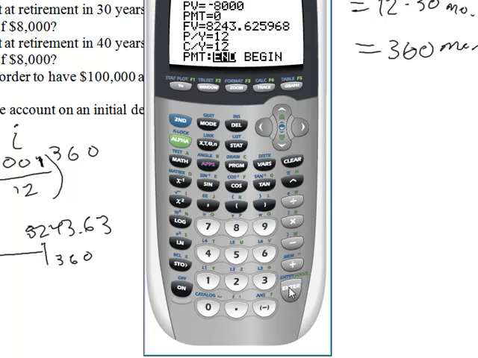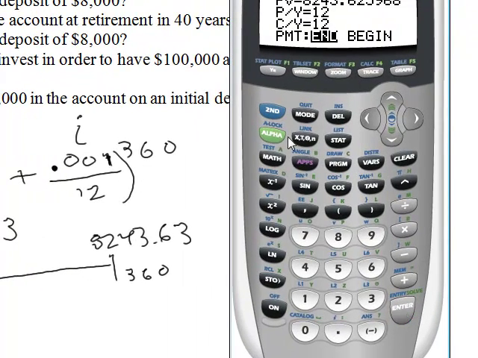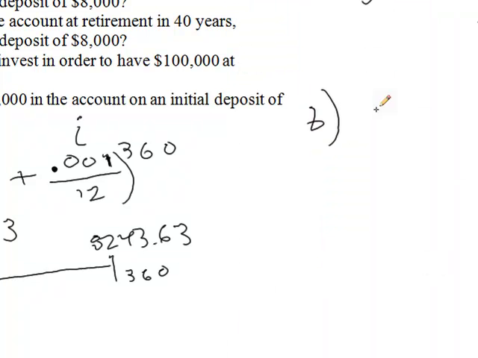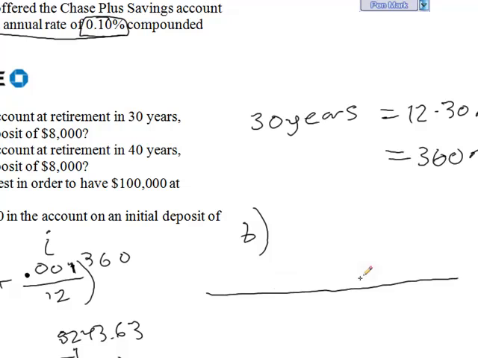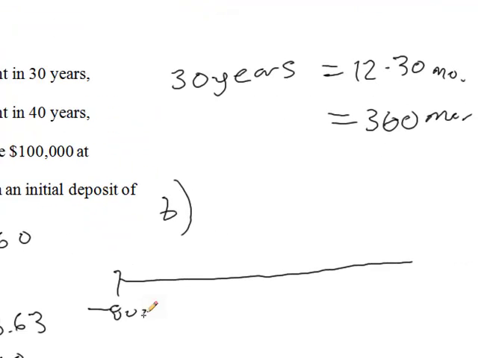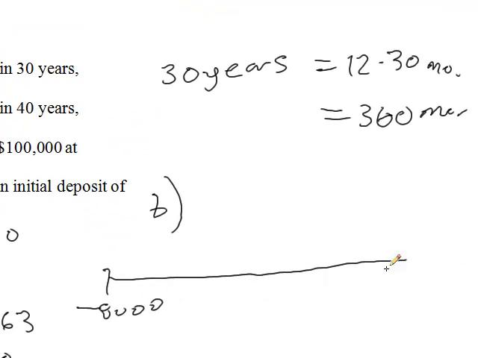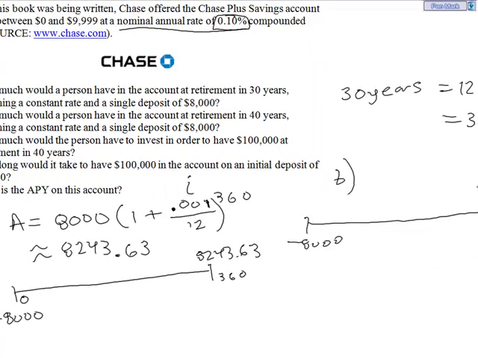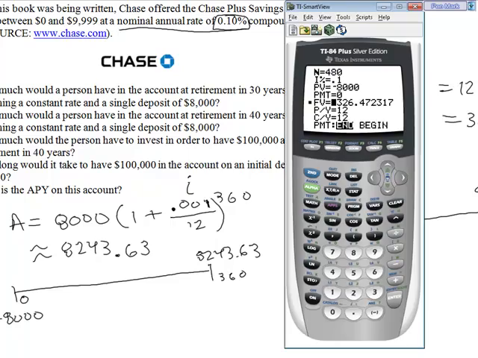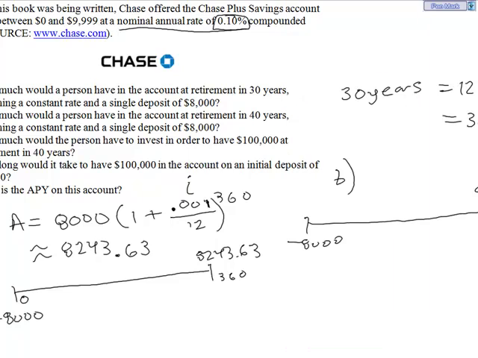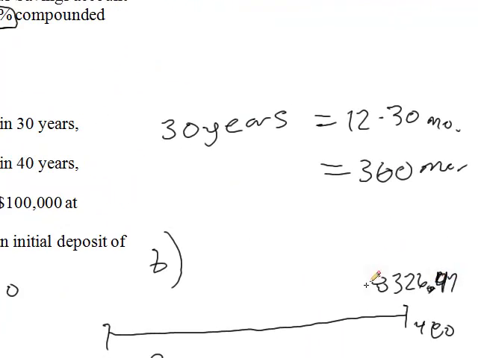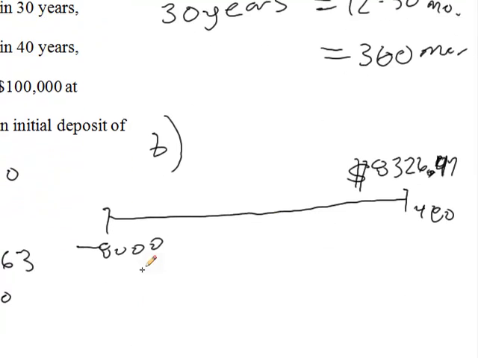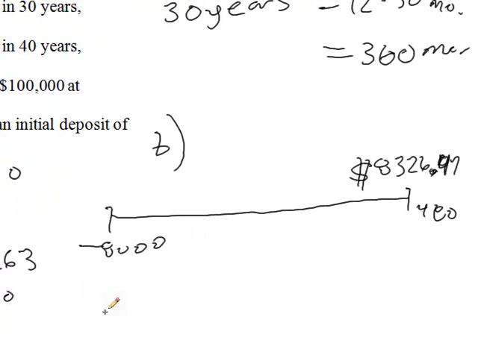We're still depositing the same amount, but we want to calculate the new future value, so hit alpha, enter. And not surprisingly, it's not very much more. So now the same investment, but this is 40 years later, 480 months, I only get to bring in $8,326.47. So still a very bad investment, and doesn't help that we have that extra 10 years.